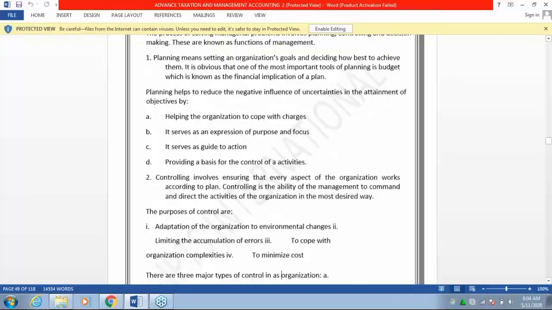Then control as well. Control basically involves ensuring that every aspect of the organization's work goes according to the plans. That is, every aspect of the organization's plans comes true according to how it was planned. So controlling is just the ability of management to command and direct the activities of the organization in the most desired way.